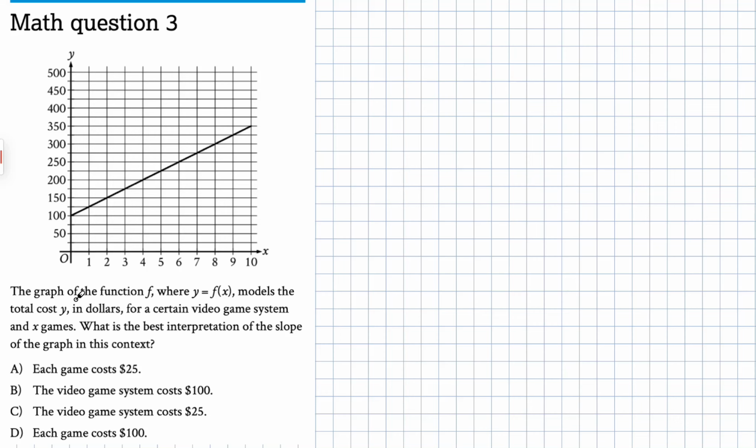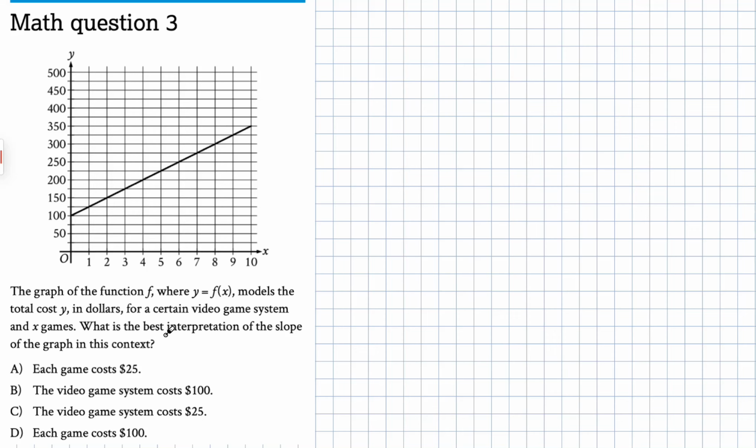So let's see the graph of the function f where y is equal to f(x) models the total cost y in dollars for a certain video game system, right? So this is y, that is the cost one is going to pay while playing games. And x games, what is the best interpretation of the slope of the graph in this context, right?